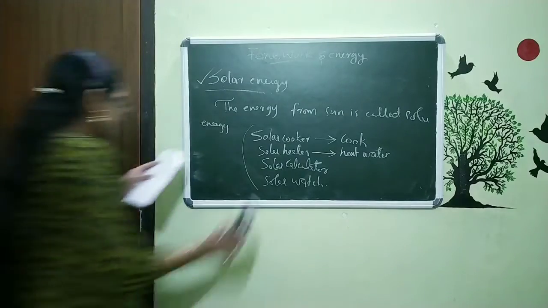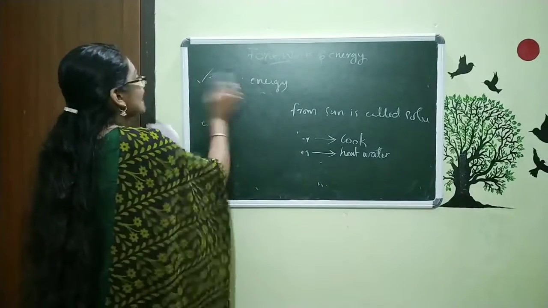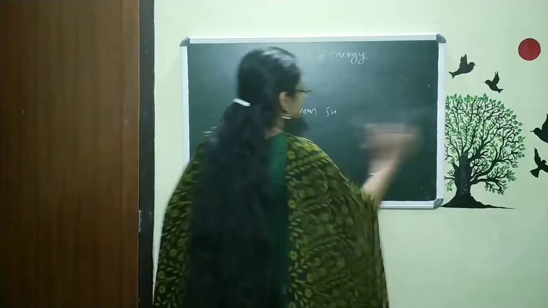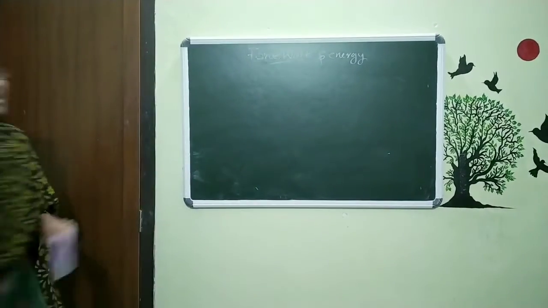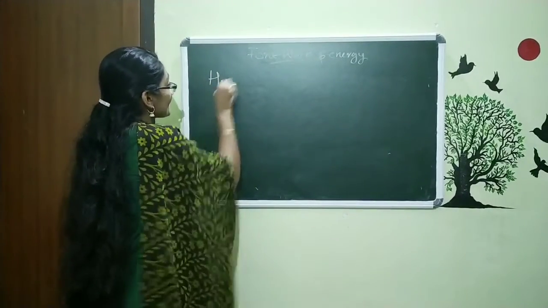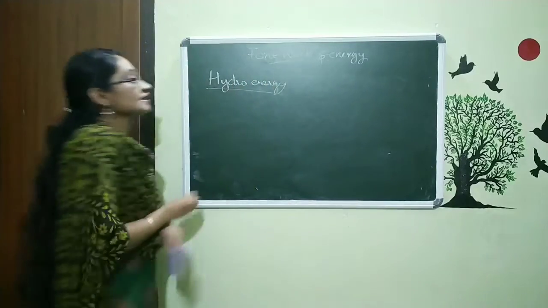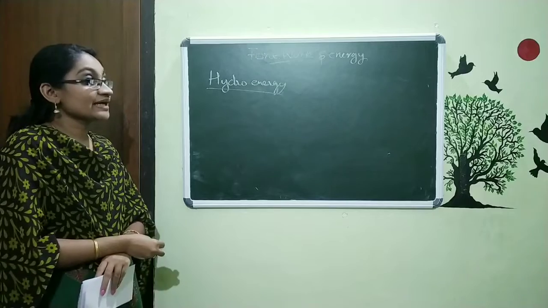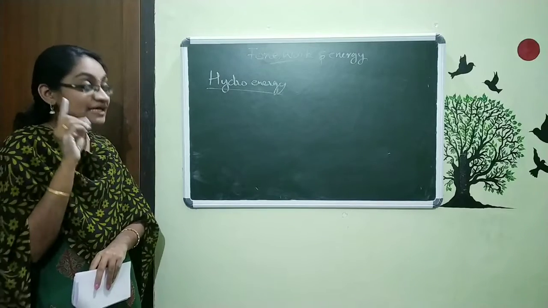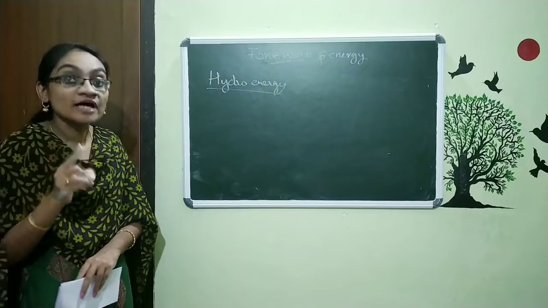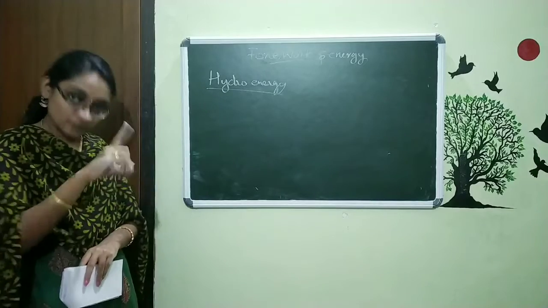Now we are moving to the next type of energy, and that is hydro energy. What is this hydro energy? Hydro energy means the energy that we get from water, moving water, flowing water.